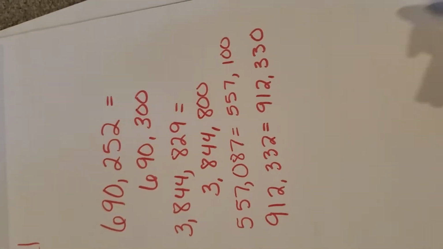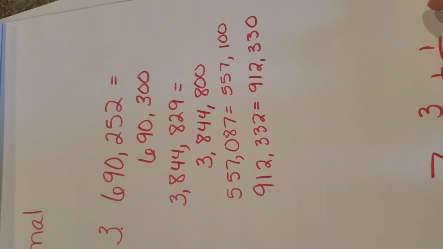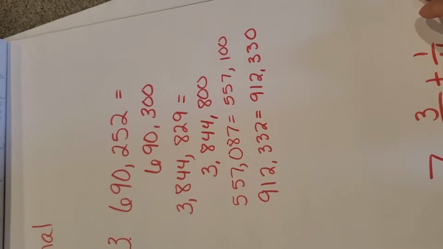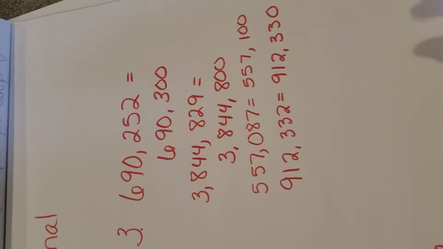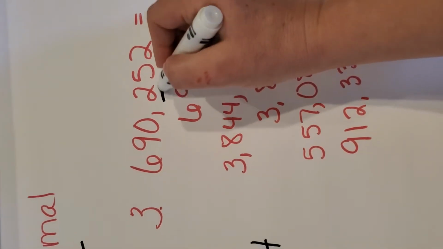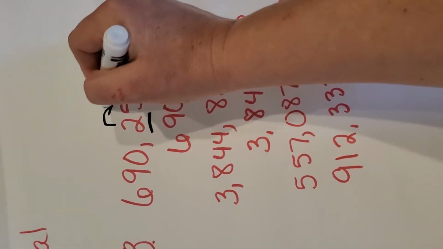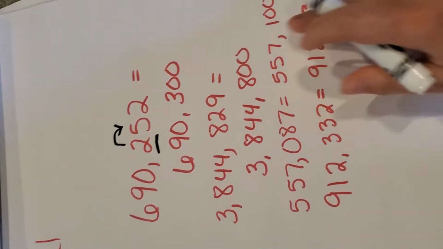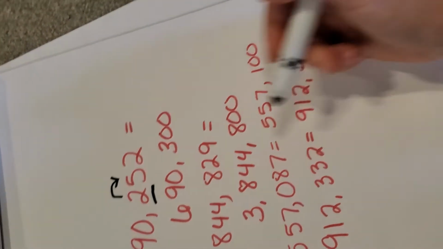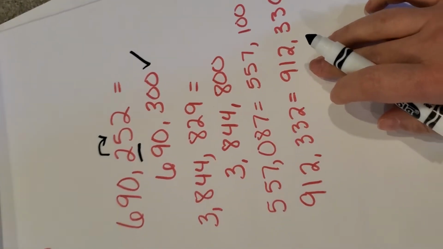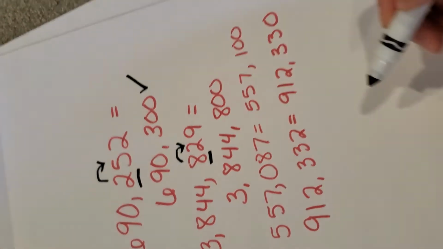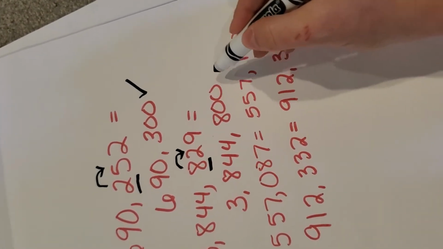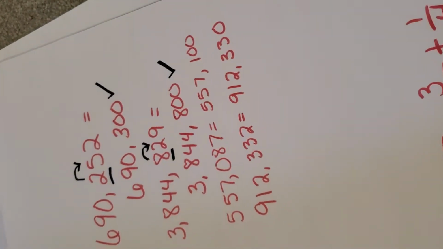Okay. Number 3, I'm going to turn my phone like this. You are looking at these answers, and I know it's a little hard to read my paper, but you're trying to decide which one is not correct when you round it to the nearest 100th place. So the first one, the 100th place is here. You're going to look to the number to the right, which is a 5. 5 makes the number go up, so that should be 300. That one is correct. Next one, 8 is in the 100th place. You look to the 2. 2 makes it stay the same, so it's 800. That one is correct.